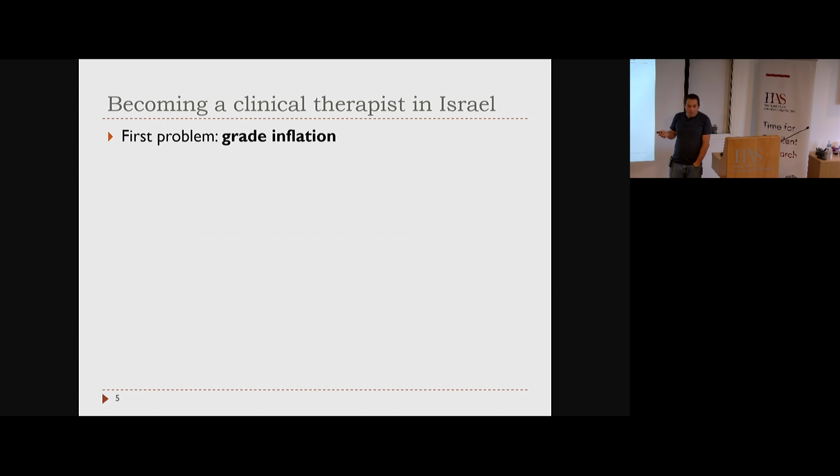They found a solution for it quite a few years ago. Okay, maybe 30 years ago already. They just started doing a national exam after your BA. So you finish your BA, then you take a year to study for this national exam, which is supposedly testing what you learned during BA, so statistics and reading comprehension of academic papers and so on.